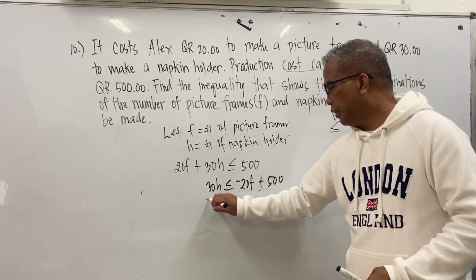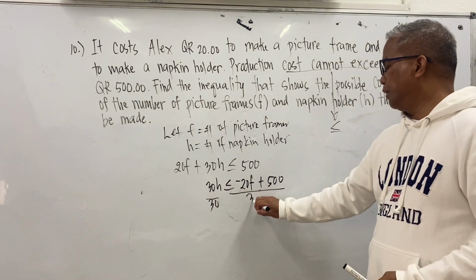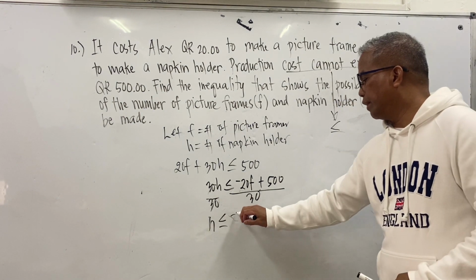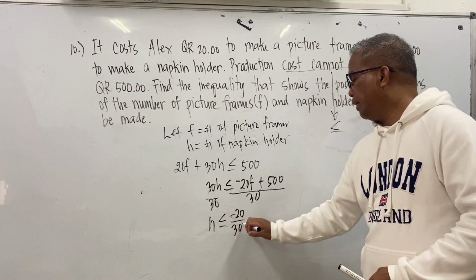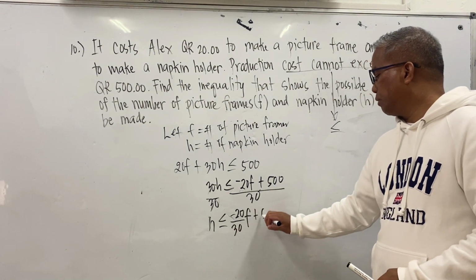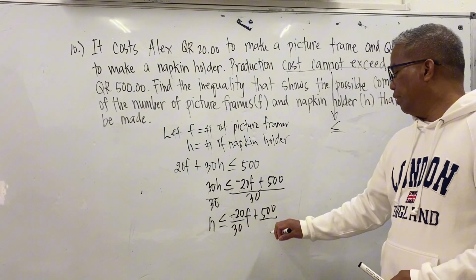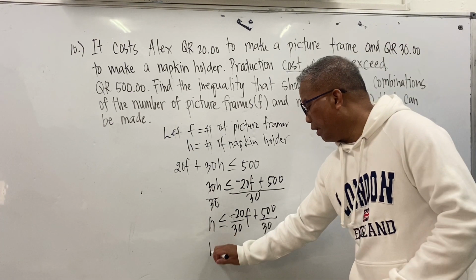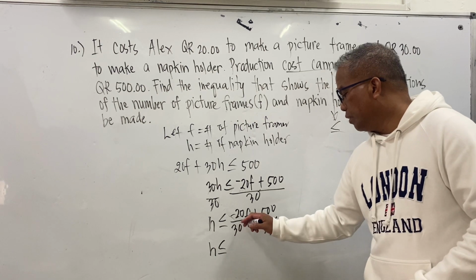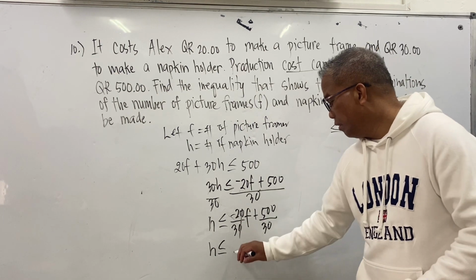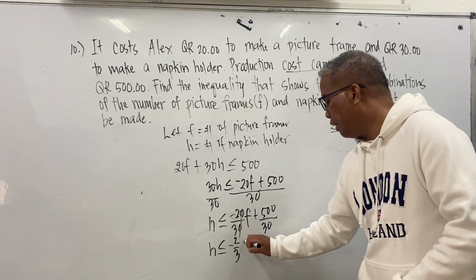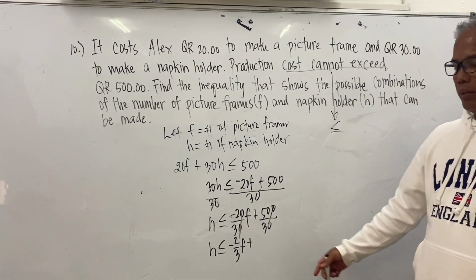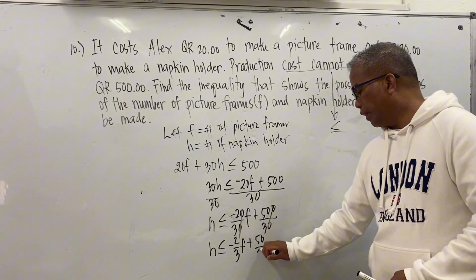Dividing both sides by 30, H less than or equals negative 20 over 30 F plus 500 over 30. Now simplifying, we have H less than or equals, so we can cancel 0, negative 2 over 3 F, then plus, we can cancel this one, 50 over 3.